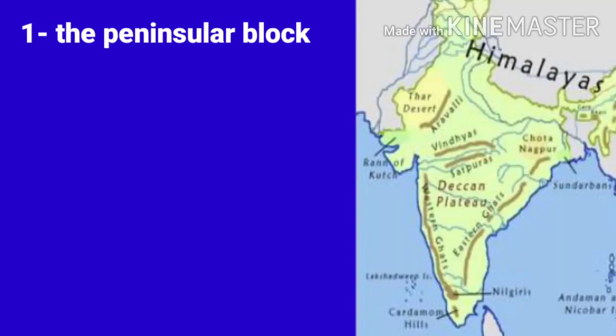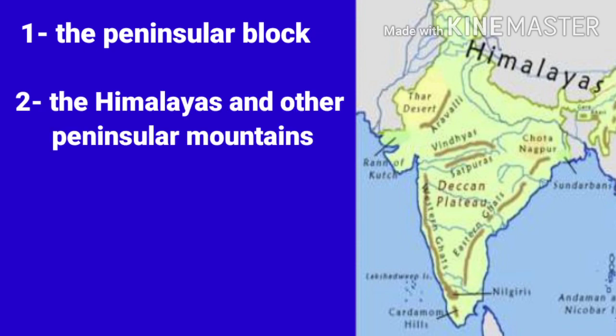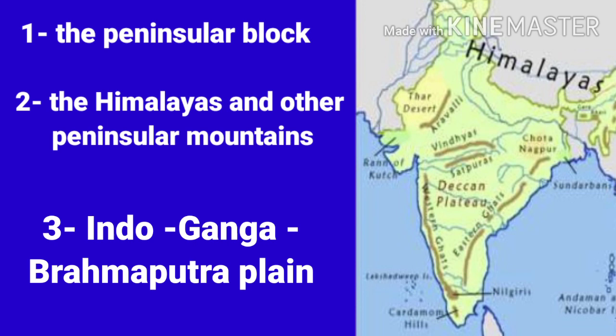Basically, we can divide the geological regions of India into three parts. Number one, the peninsular block. Number two, the Himalayas and other peninsular mountains. And number three, the Indo-Ganga Brahmaputra plain. So students, it was a short introduction of the structure of India.